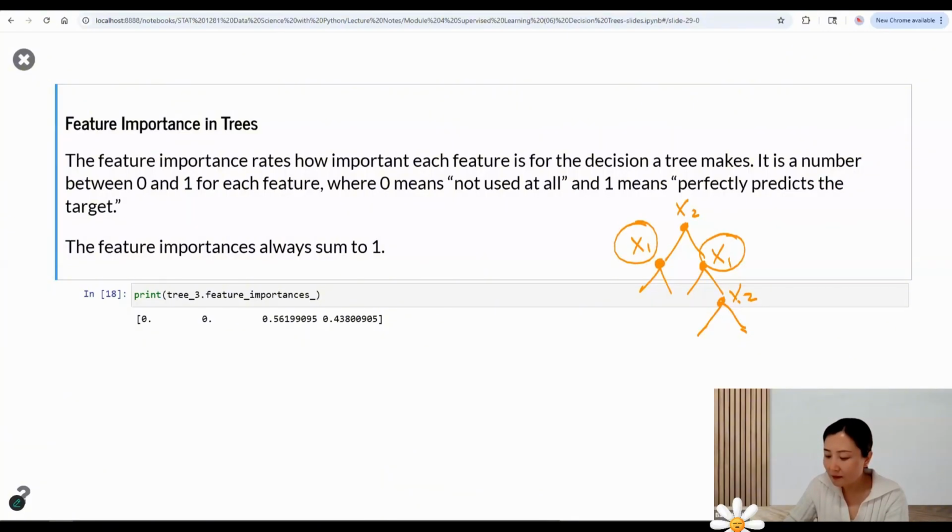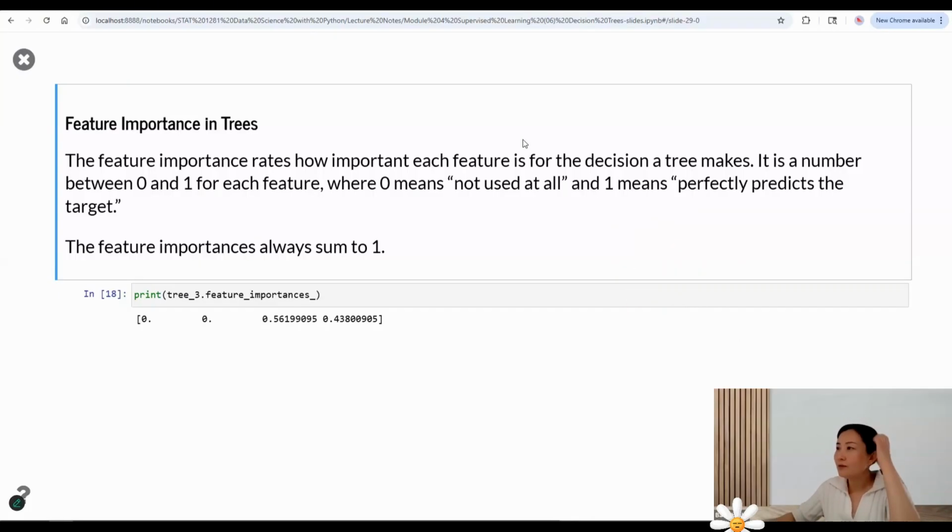It will measure the decrease in Gini at this node, and also the decrease in Gini when we do the split here, and take the average. And then it will be the mean decrease in Gini for x1. Similarly for x2, it will measure the decrease in Gini at the root node and at this node, and then take the average.